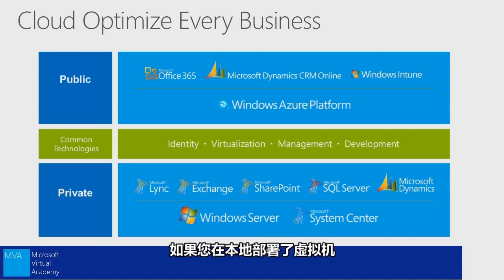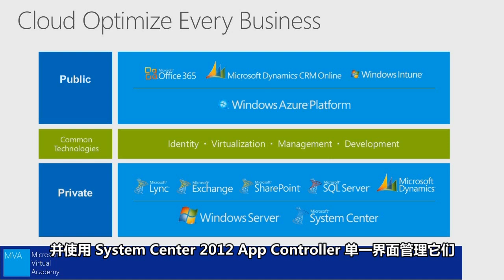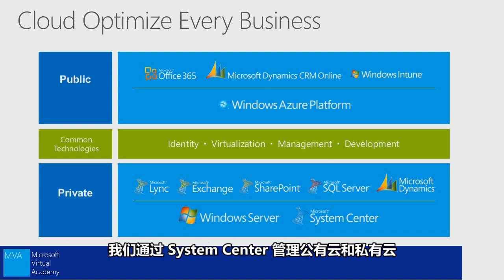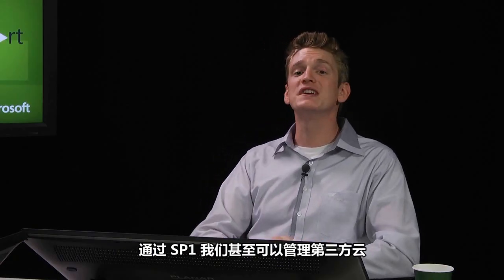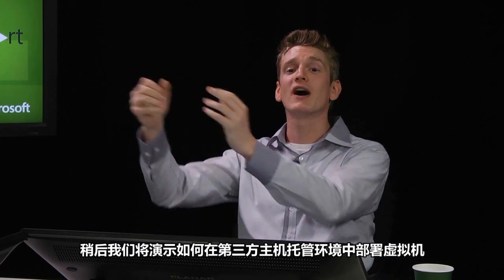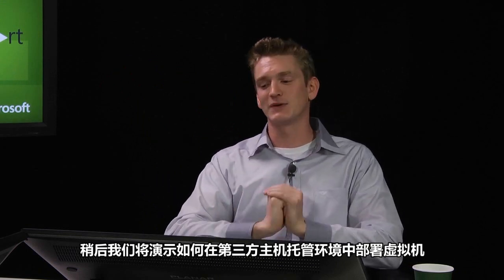You have your virtual machines on-premise, and you can move those virtual machines up into the cloud and manage them using a single interface, System Center 2012 App Controller. This extends to our broad management across these cloud platforms. With System Center, we manage our public clouds, our private clouds, and with SP1, we can even manage third-party clouds. We're going to show a demo of deploying a virtual machine in a third-party hoster a little later today as well.